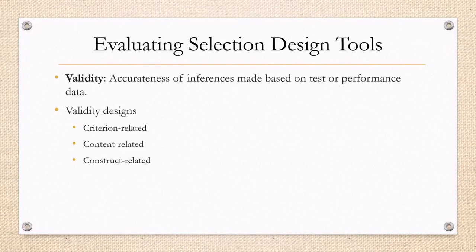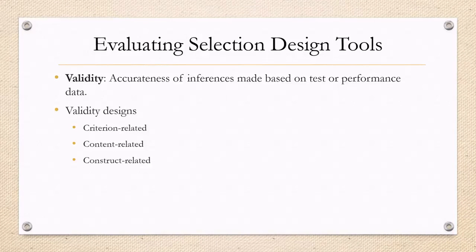So how do we ensure that we made the correct selection decisions? In evaluating our selection design tools, we need to look at the validity, the accuracy of inferences made based on test or performance data. And there are three different types of validity designs we can use.